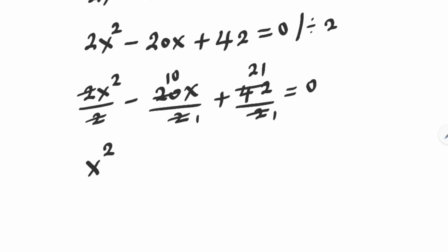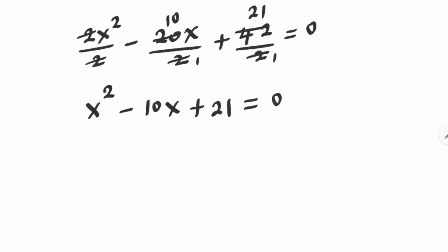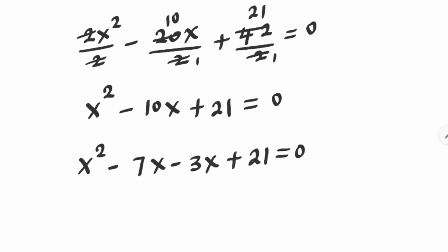x square minus 10x plus 21 is equal to 0. Then by factorization, this will give x square minus 7x minus 3x plus 21 is equal to 0.